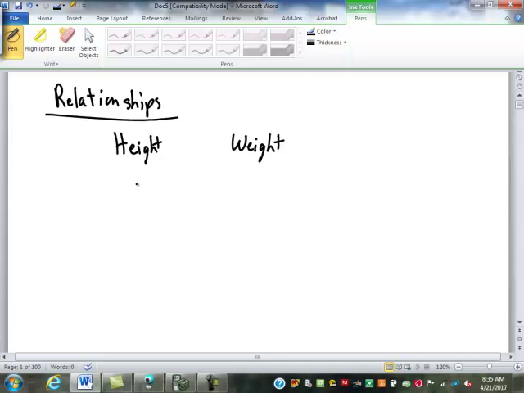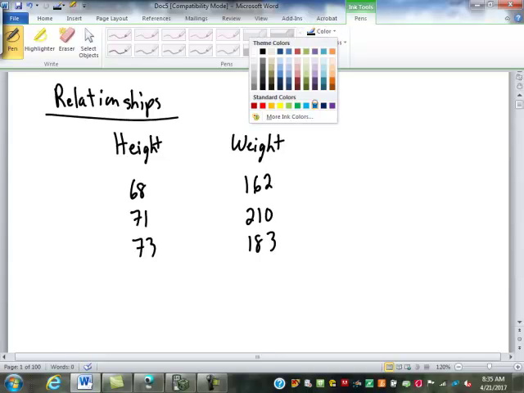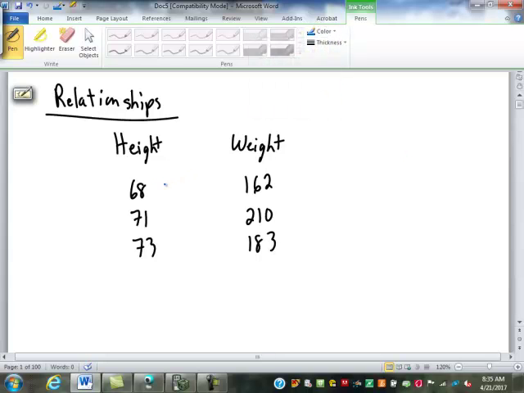So if you have a list of heights in inches, and you have a list of weights, for the most part, generalizing, you can match them up like that.